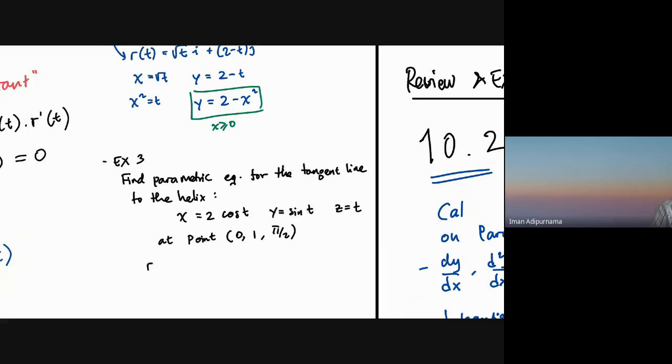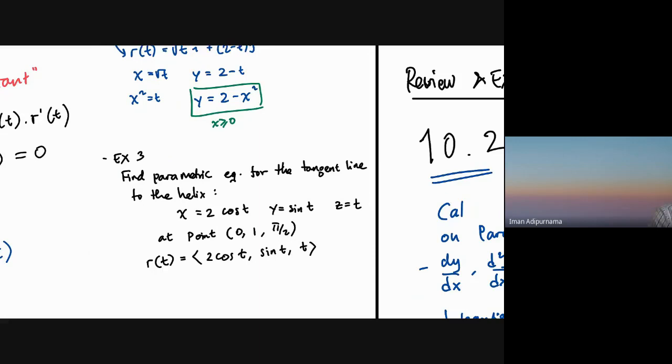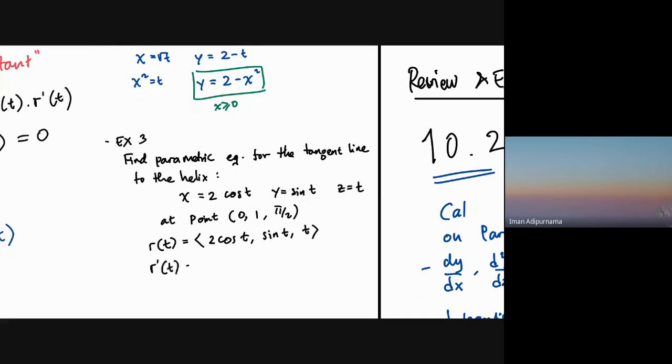Okay. So first, we can write down the vector. It's 2 cosine t, sine t, and t. Similar to calculus 1, we just differentiate r. So negative 2 sine t, cos t, and 1.